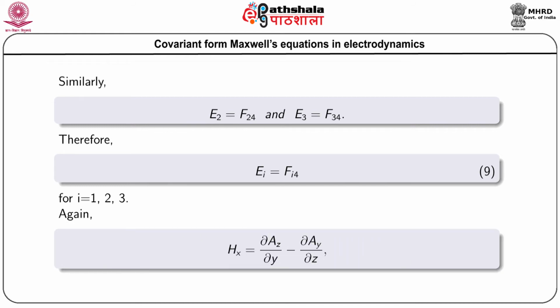Again, H_x, that is the magnetic field tensor, can be expressed in this form: del A_z by del y minus del A_y by del z.